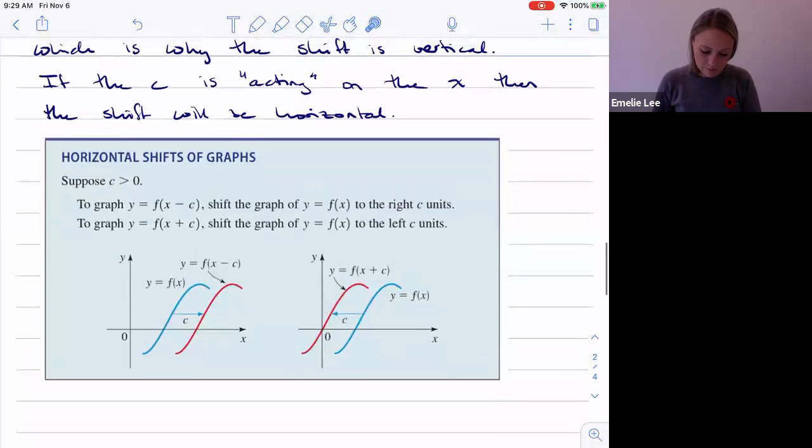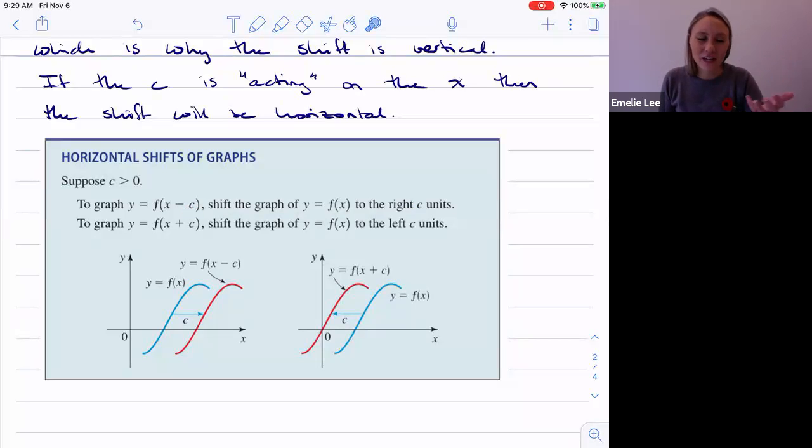Let's talk about it. So when I do X minus C, I don't know about you guys, but if I do X minus C, I always want to put it to the left. But it actually shifts the graph to the right C units. And that's what I mean. It kind of has the opposite effect. But as long as I remember that if the C is acting on the X and not F of X, it's going to be the opposite of what I want to do.